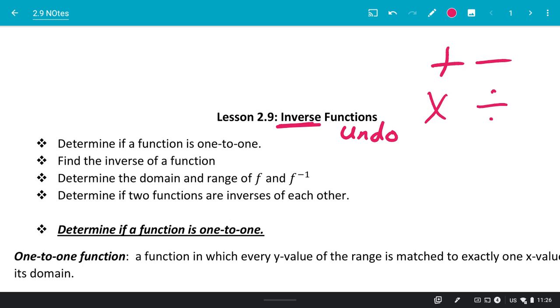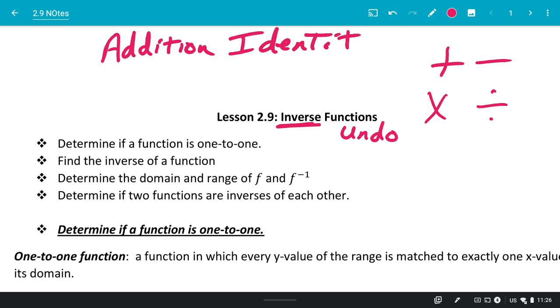To be a little bit more specific, there's the addition identity. What is the addition identity? Anybody know? It's 0. What do I mean by addition identity? 3 plus 0 is 3. There's a property, the identity property of addition, that says if you add this number to any number, you get that same number, and that's 0.